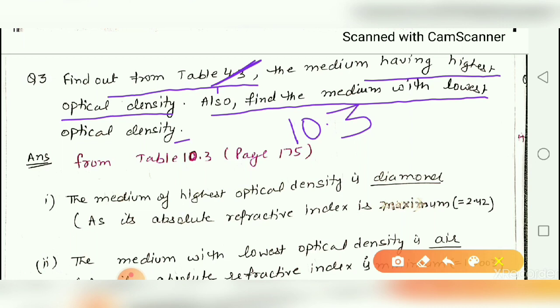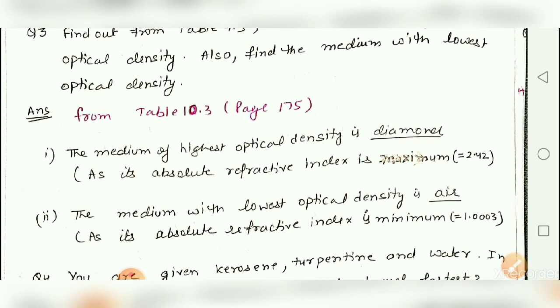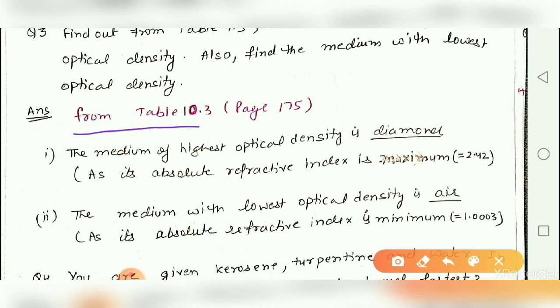So from the table we will see the refractive index. Refractive index of different media is given in this table. You can refer to this table in your NCERT or previous class notes.